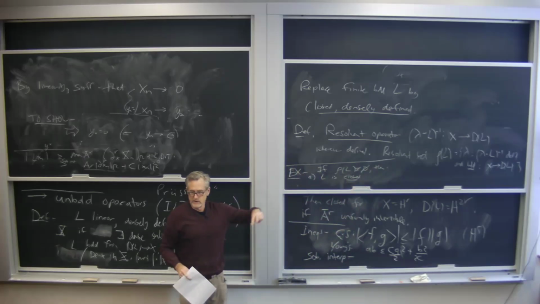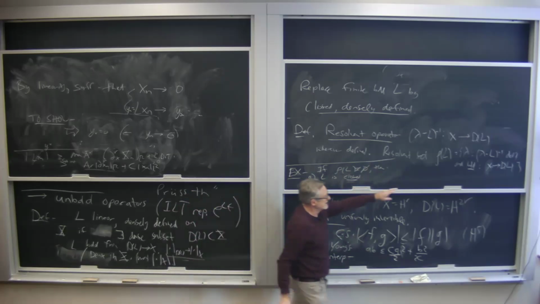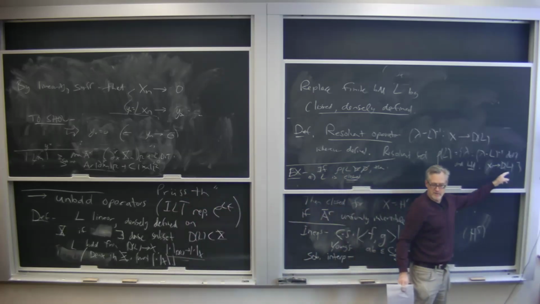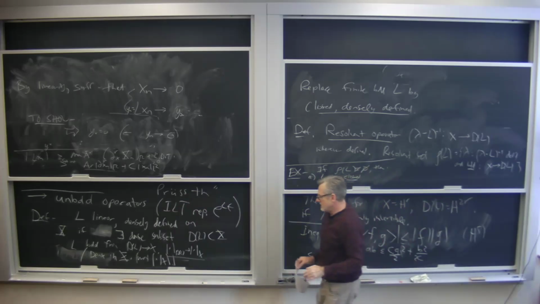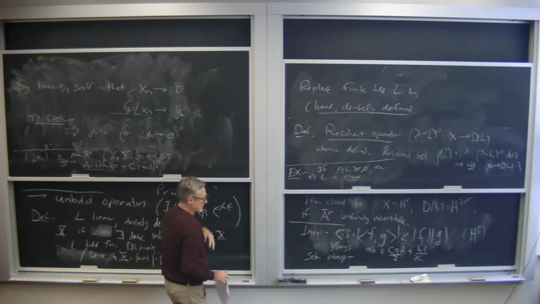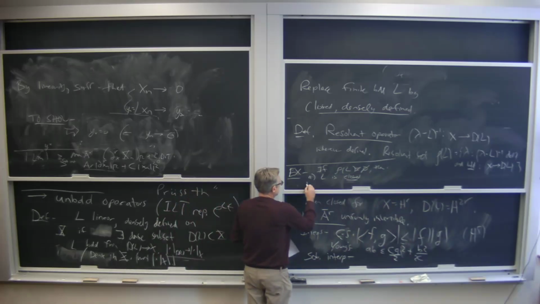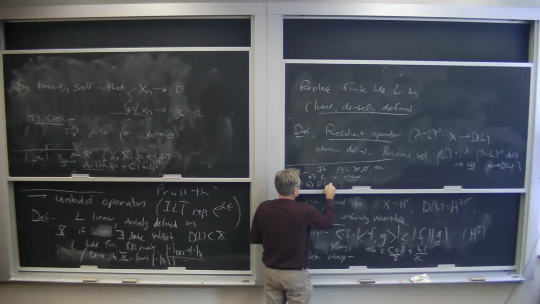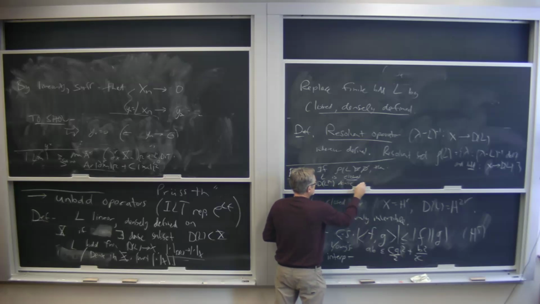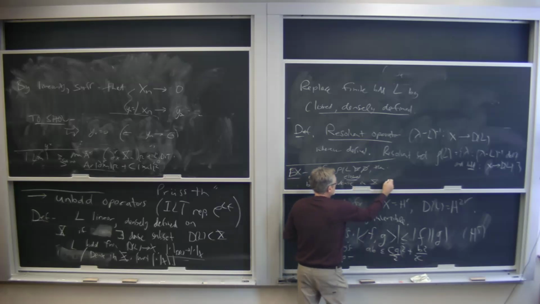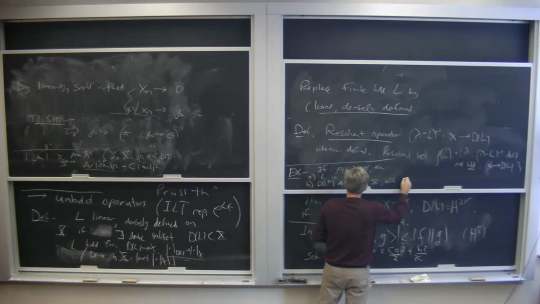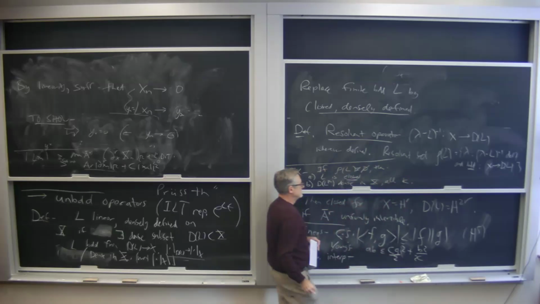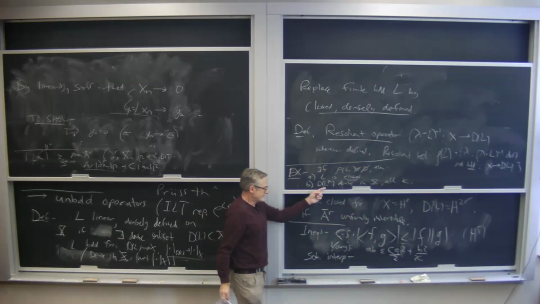And that's now become very easy because we have this way to hop up from X to D of L, and now it's just playing algebraically. B, D of L to the K is dense in X for all K.